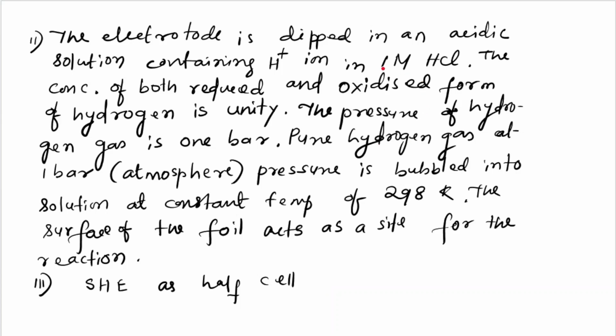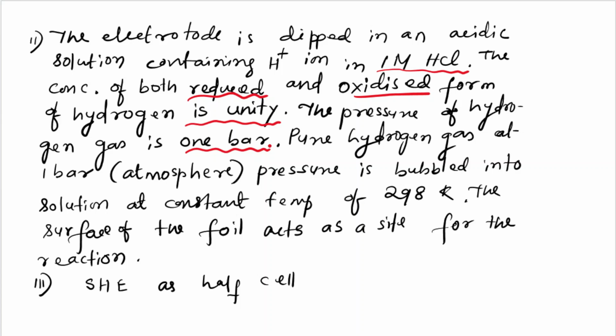Here the concentration of the hydrochloric acid is 1 M, and the concentration of both the reduced and oxidized forms of hydrogen is unity. That means whether you see the oxidized form or the reduced form, that value should be unity, 1 M. The pressure of hydrogen gas is 1 bar.